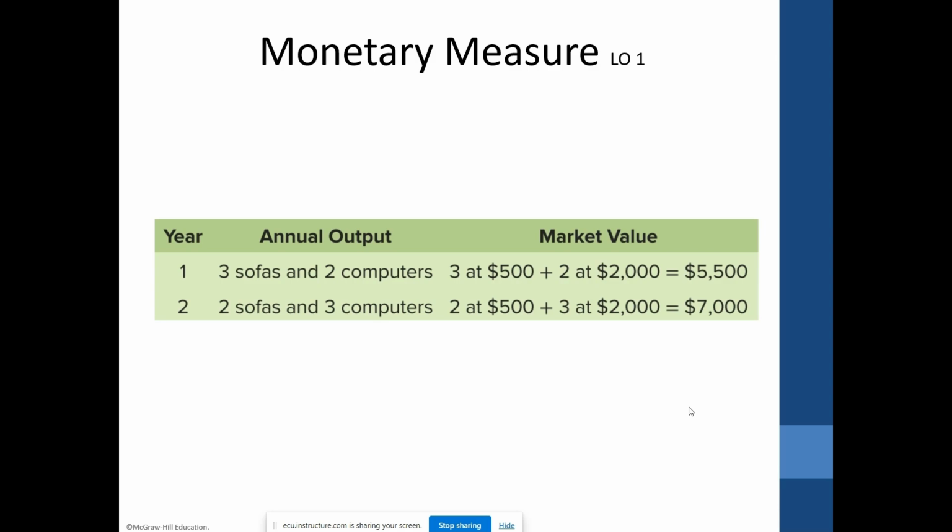GDP is a monetary measure because we would not otherwise be able to determine if total output has changed from year to year if the mix of goods and services changes. For example, if an economy in year one produced 3 sofas and 2 computers, we cannot just add 3 to 2 and get 5. 5 doesn't tell us anything about whether it's a sofa or a computer.